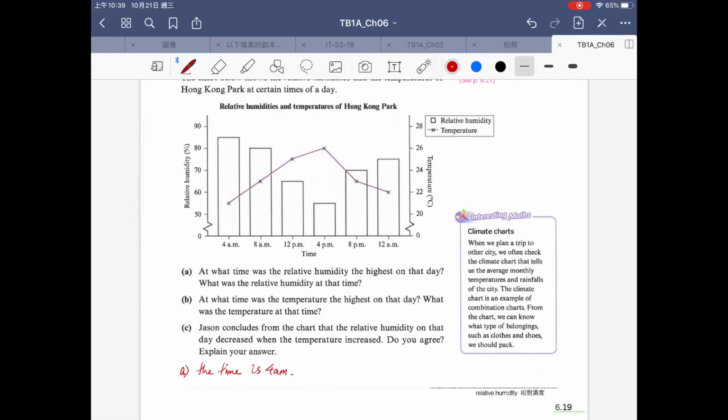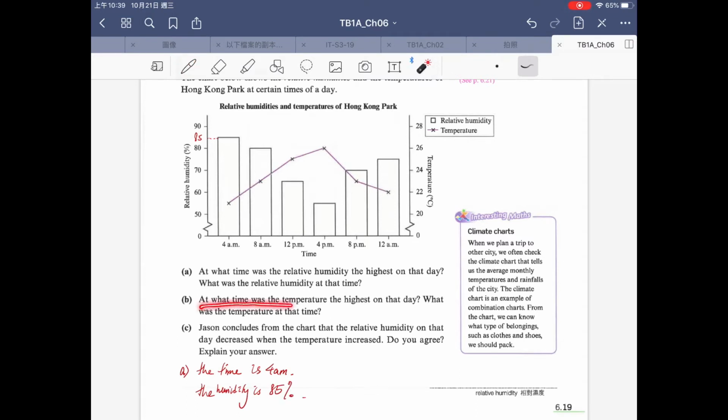And what is the humidity at that time? Look at this rectangle. And the height is 85. So the humidity is 85%.